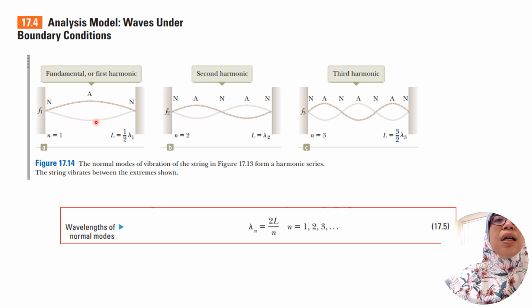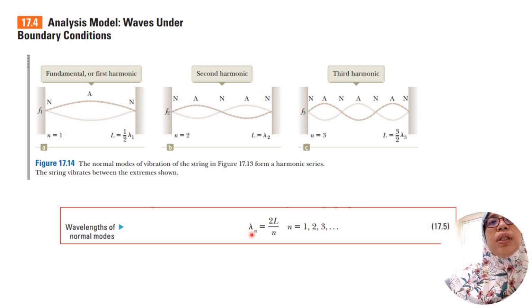To get the wavelength, therefore, it should be 2L for this picture, where it's the fundamental or first harmonic. So what is the wavelength? 2L divided by n, which is 1. So the wavelength is the same, 2L, for this picture. How about this picture?